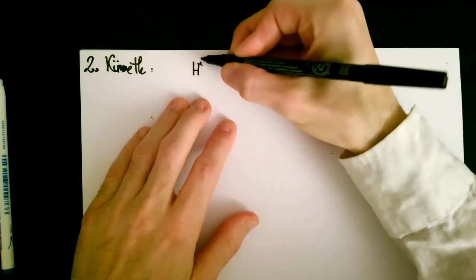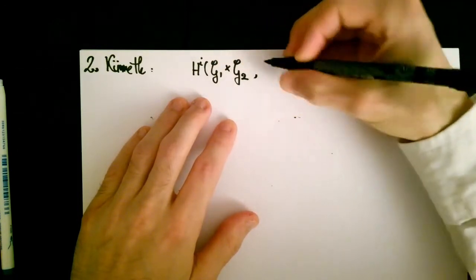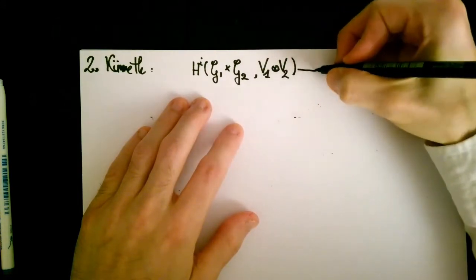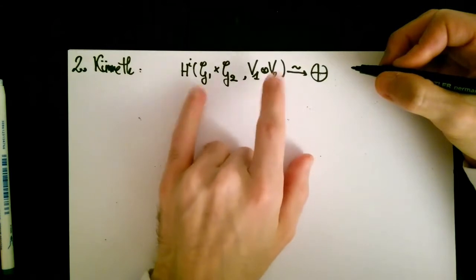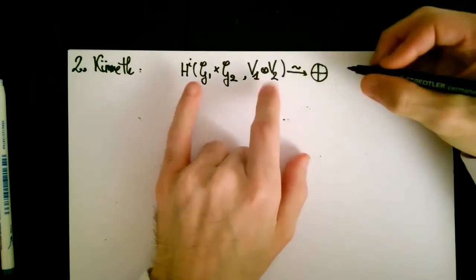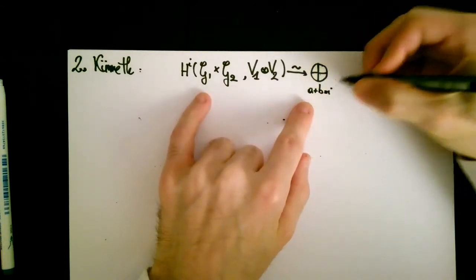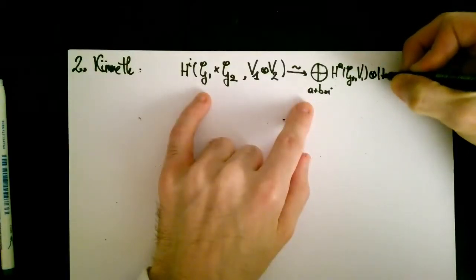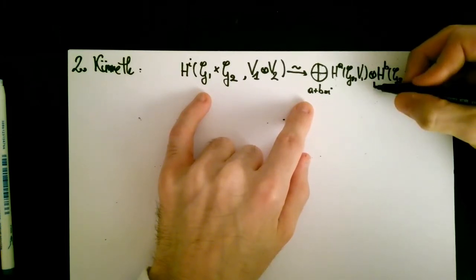We have that the H^i of a product, the Lie algebra cohomology of G1, G2 of V1 times V2, is isomorphic to the direct sum of the tensor products of the individual pieces: the direct sum over integers a plus b equal i of H^a(G1, V1) tensor H^b(G2, V2), over E.